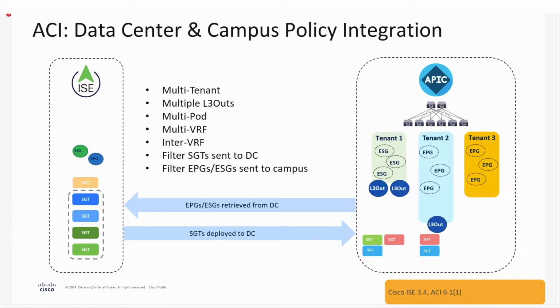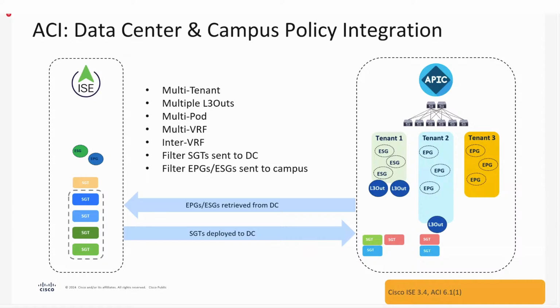Now, this is great for a brownfield environment too, because all of your EPGs and your ESGs are already set. So ICE just reads those in and then forms a pxGrid connection to ACI, and it transfers the context information with the SGTs and everything as well.